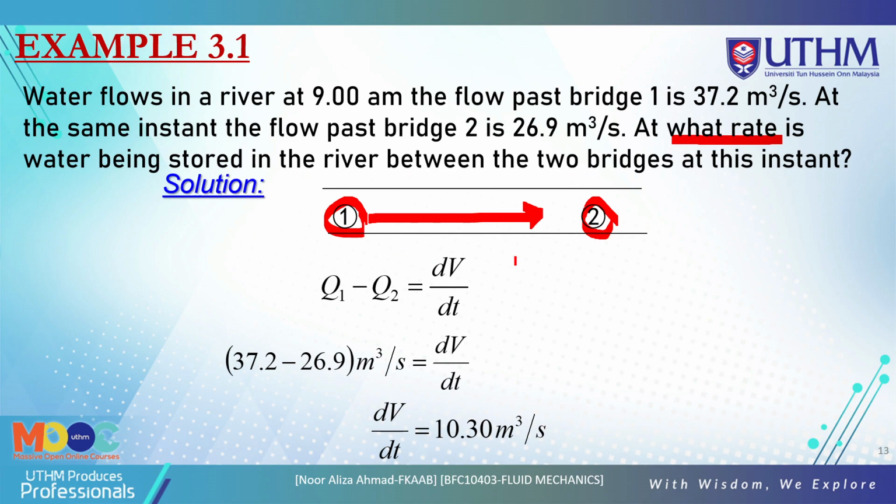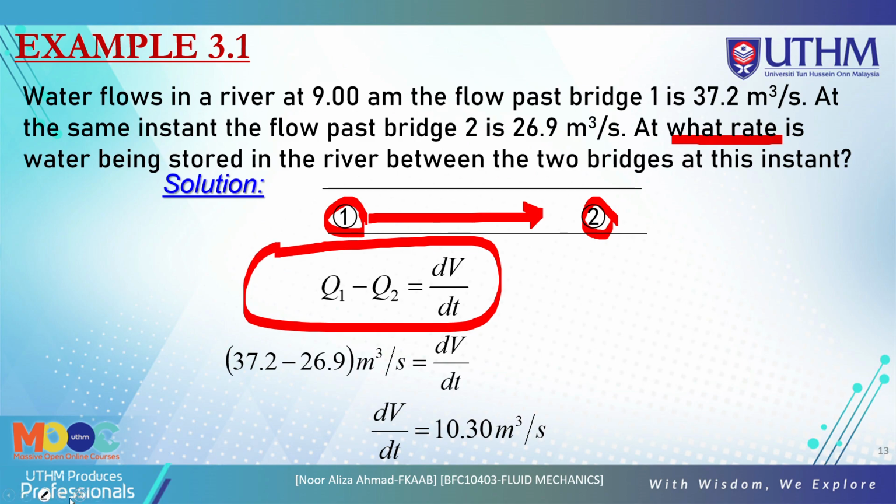So it is just the difference from point 1 to point 2, so you use this equation. You just put 37.2 minus 26.9, so you get the value here, 10.30 meter cube per second.